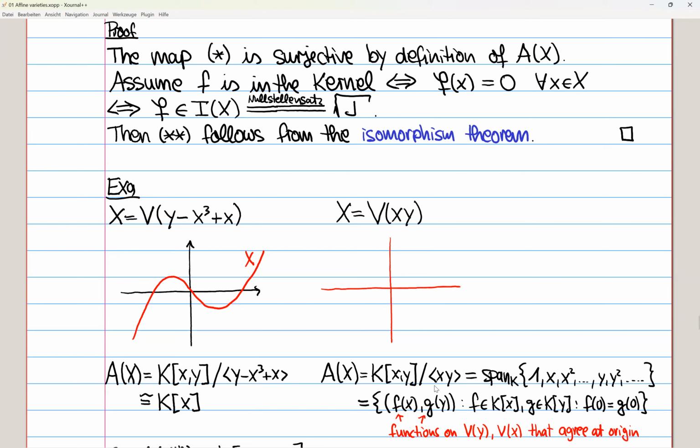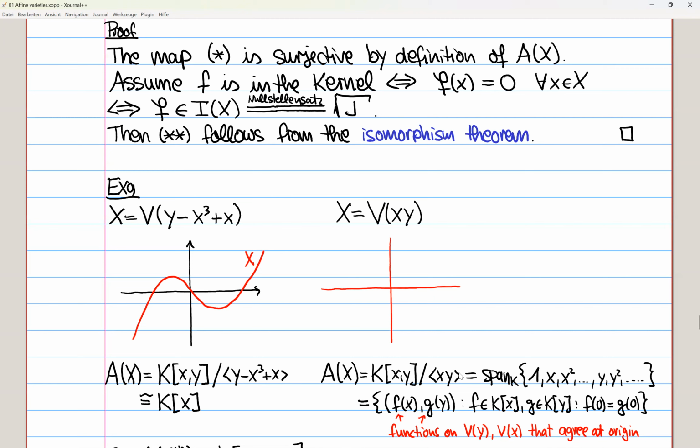And here I wanted to point out that our job is basically done. This is a relatively simple description of this ring. But then you can ask, can I understand a bit better what this ring does? So k[x,y] as a vector space over k is just spanned by all monomials. Any polynomial is just a finite linear combination of monomials.